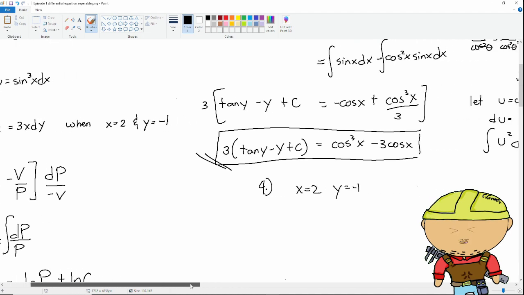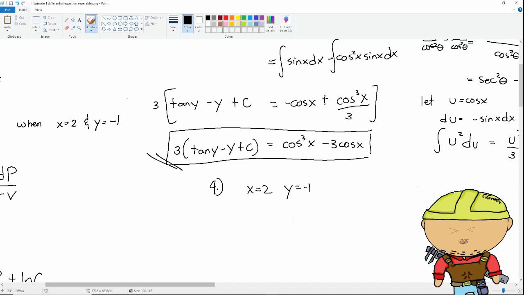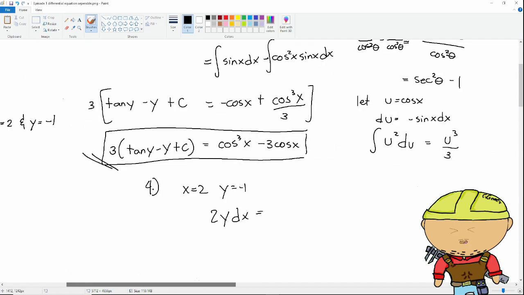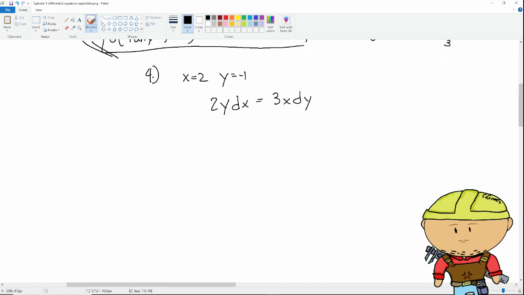Okay, so first let's go to our differential equation. 2y dx is equal to 3x dy. Okay, this equation feels a lot easier than number 3. Actually, I think it's the same as number 1.